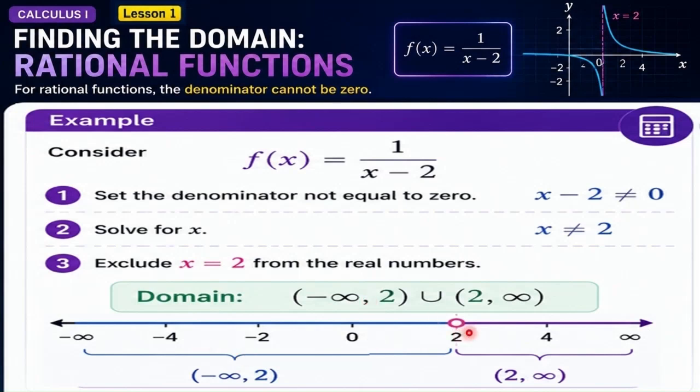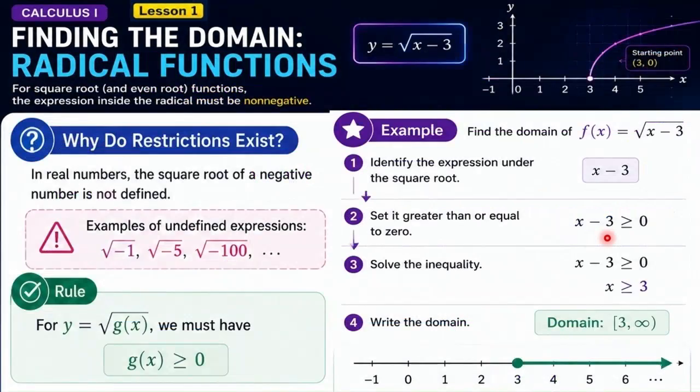This means that x equals 2 must be excluded from the domain. Consequently, the domain contains all real numbers except 2. This example illustrates an important rule. Whenever a function contains a denominator, we must exclude any value that makes the denominator equal to 0.